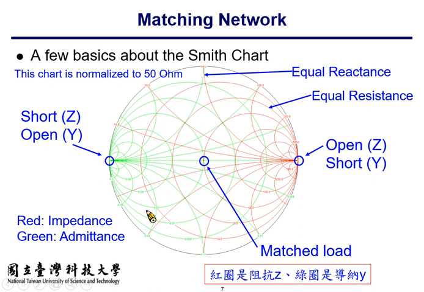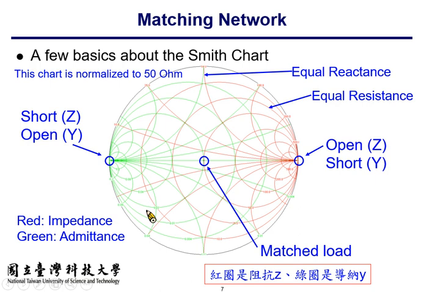But one thing you need to remember carefully is that on the Z chart, the short is located on the left. Why? Because the reflection coefficient here is -1. It happens to be the reflection coefficient of a transmission line system connecting to a short.